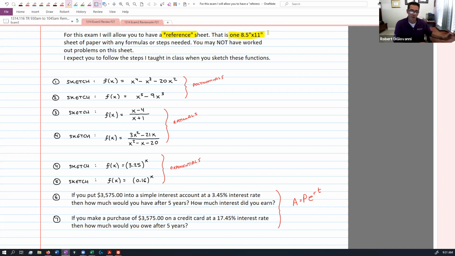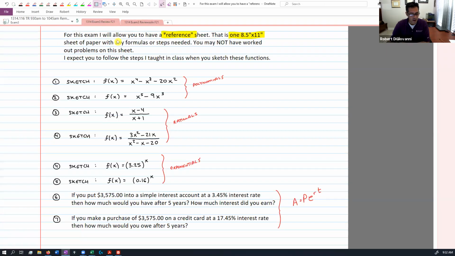You can't have that. You can have steps, procedures, anything else, but nothing worked out. Is that clear? That'll be turned in with your work. You'll have to show that to the camera before the test starts. So just make sure you don't have anything that will cause a problem. I'm just trying to make sure it's fair for everyone. All right, let's crank this out.